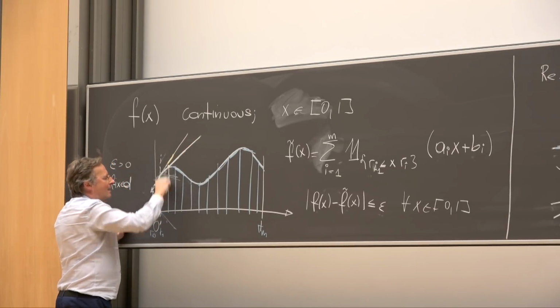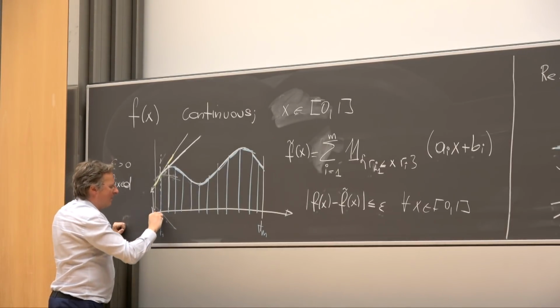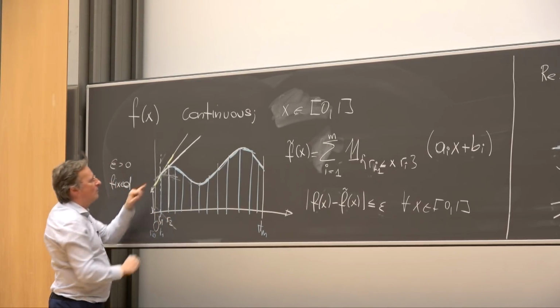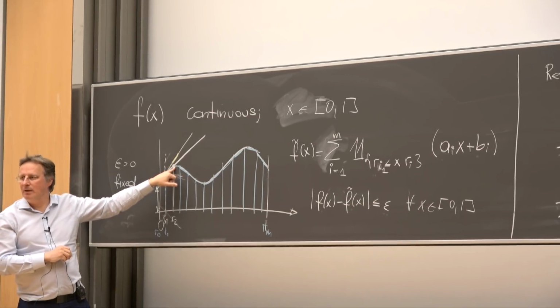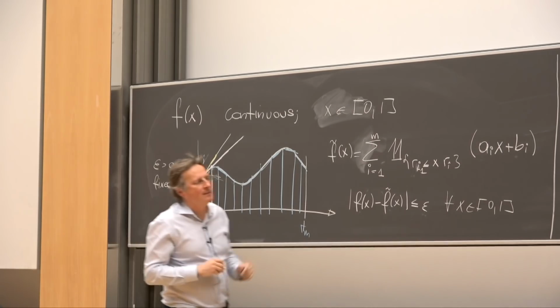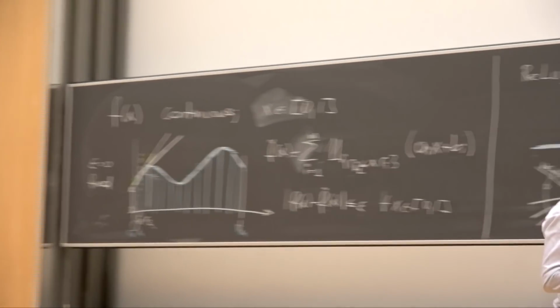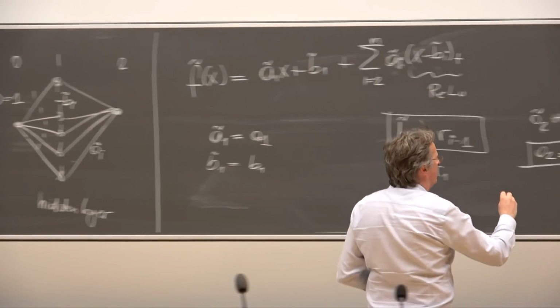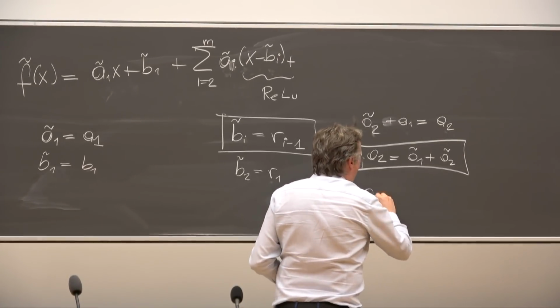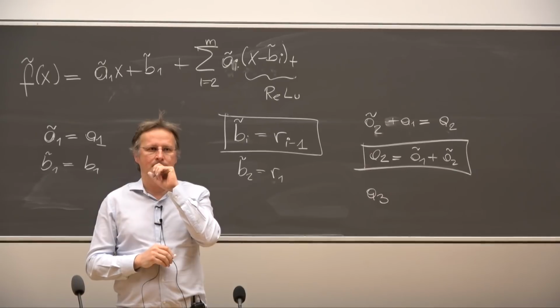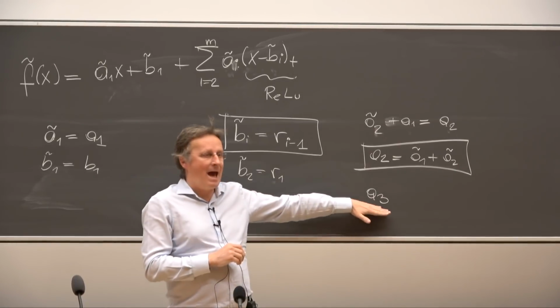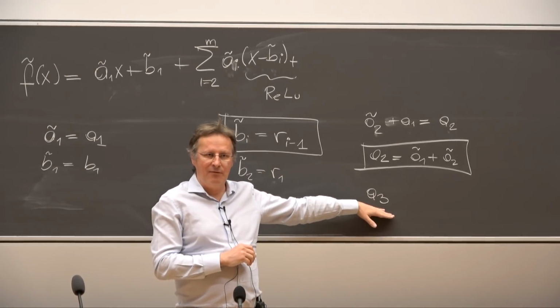So this was R1. Now I get to R2, and I have the same issue here, right? Really what I want now is for the slope to be equal to the slope A3. Clear? But what I have is a different slope.